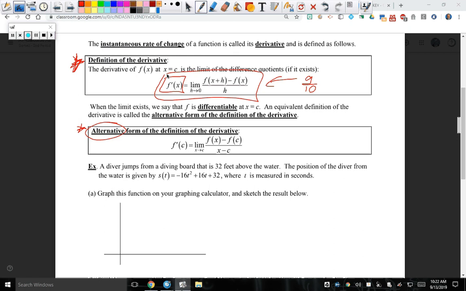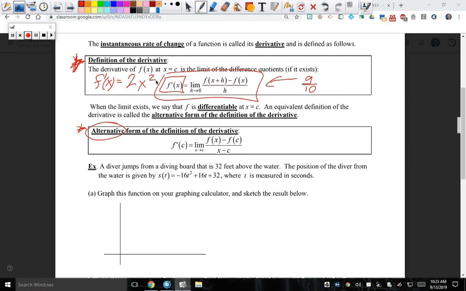Because this is a function that might look like, I don't know, let's say it simplifies out to 2x squared. And what the derivative function means is this. At any given point in time, it will give you the velocity of a particle in motion. Okay? So let's say 3 seconds.